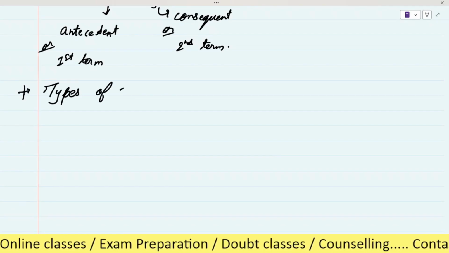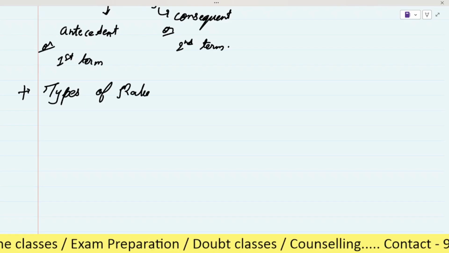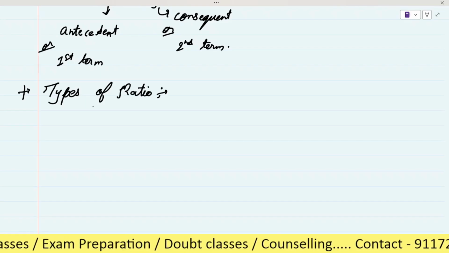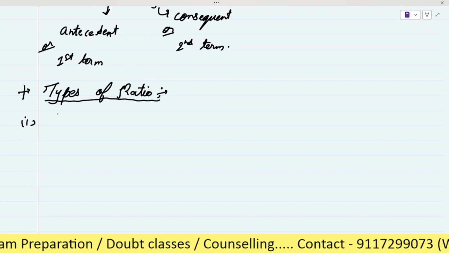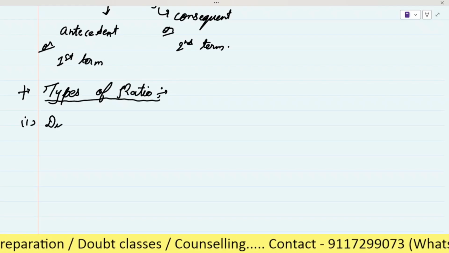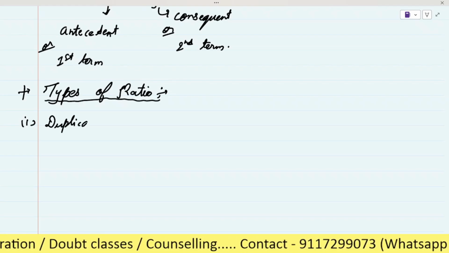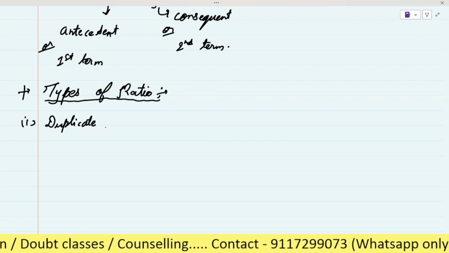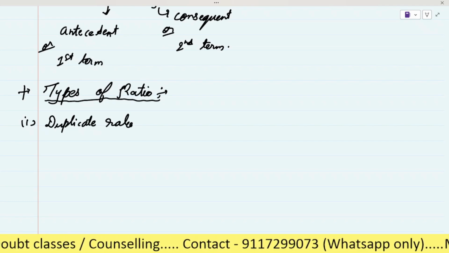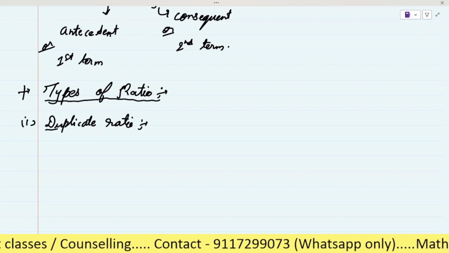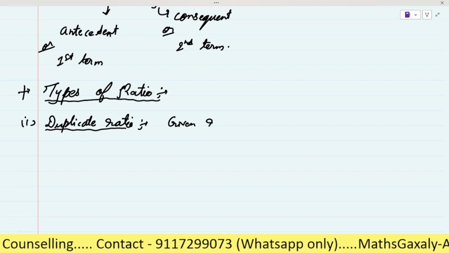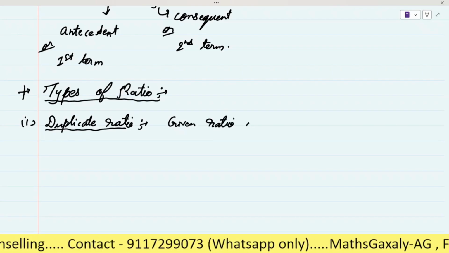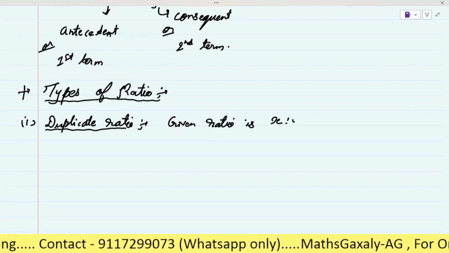Okay. The next point, and a very important point, is the types of ratio. Many times questions are asked from here, direct questions. The first type is duplicate ratio. Suppose the given ratio is x is to y.